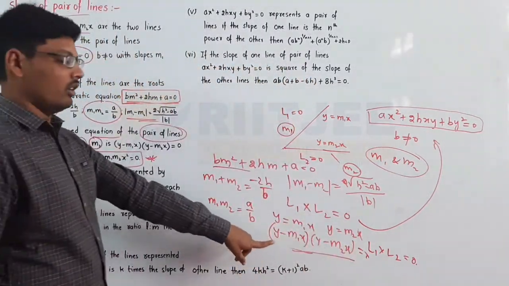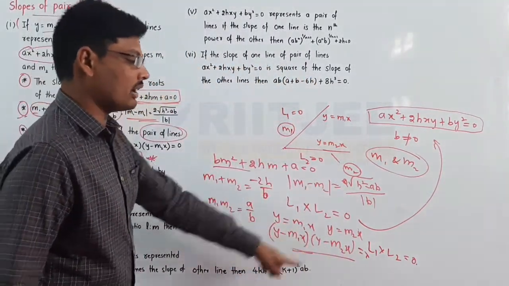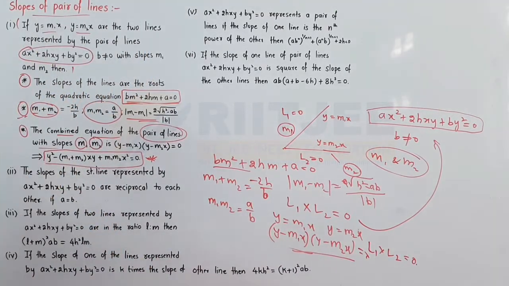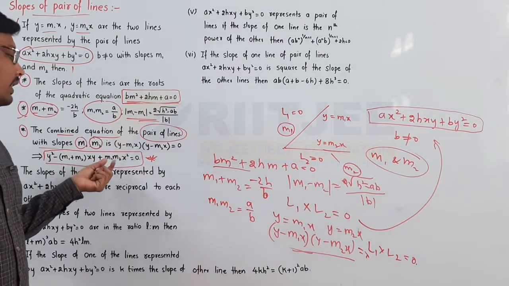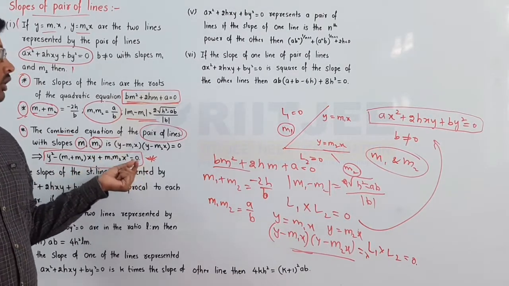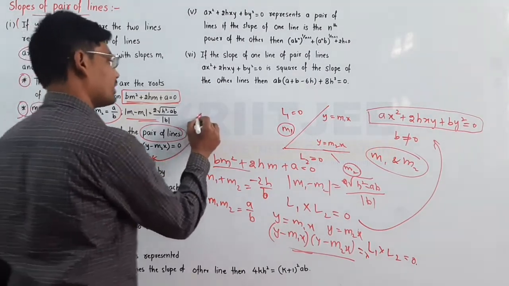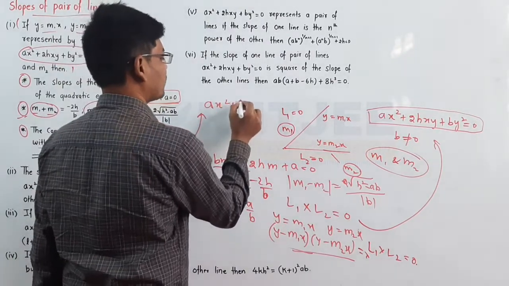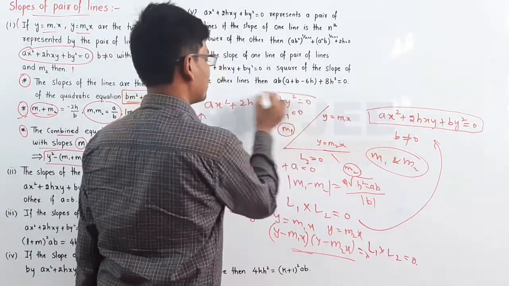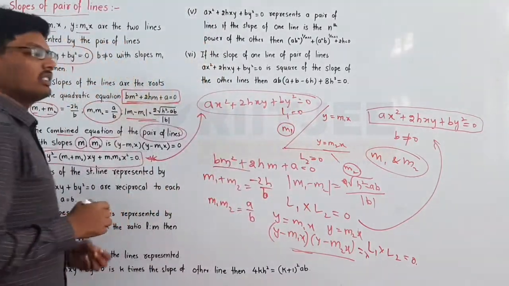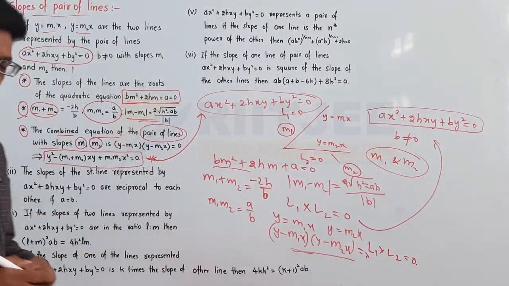The resultant multiplication of these two lines is y square minus m1 plus m2, the sum of the roots, into xy plus the product of the roots into x square. If you compare this equation with ax square plus 2hxy plus by square is equal to 0, this is the general form of the pair of straight lines equation.